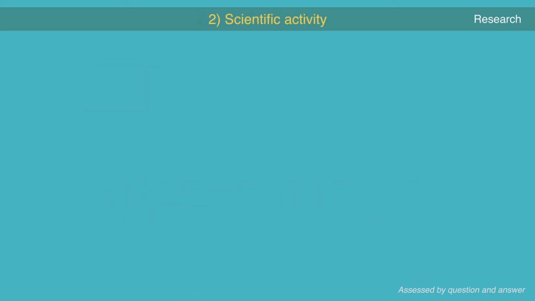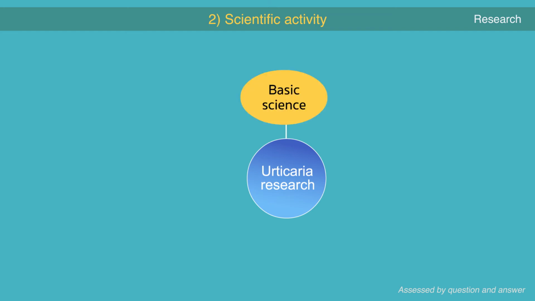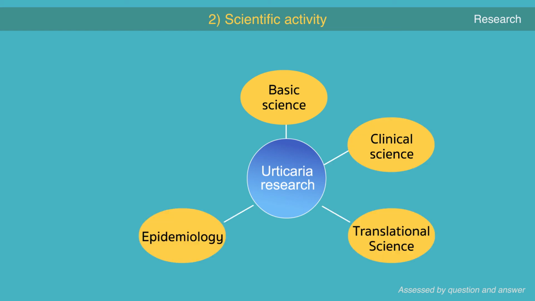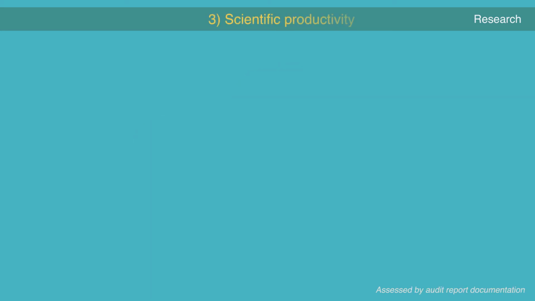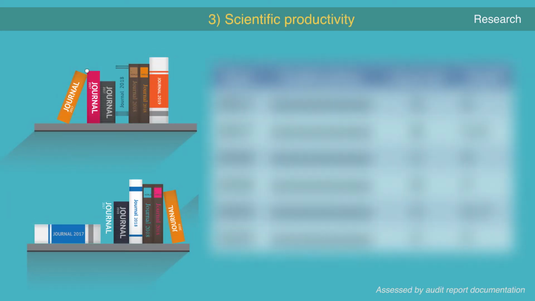Number 2. Scientific activity. UCARE needs to also be an urticaria research centre. Research here includes scientific activities in the field of basic science, clinical research, translational research, epidemiological and public health research. Number 3. Scientific productivity.